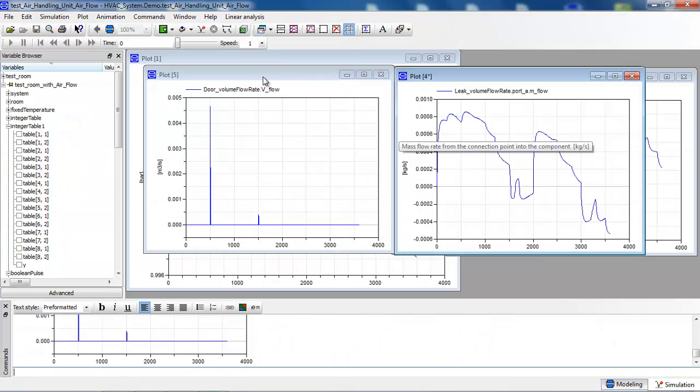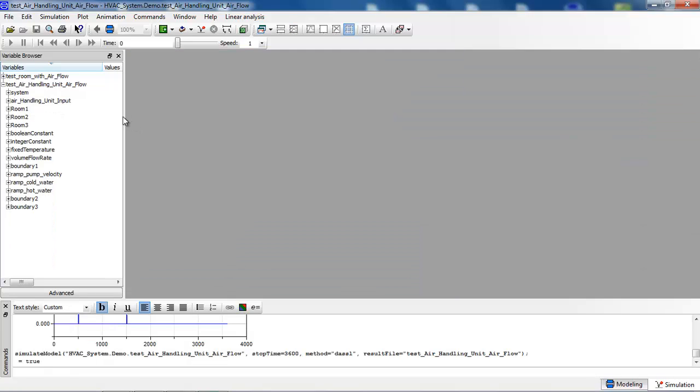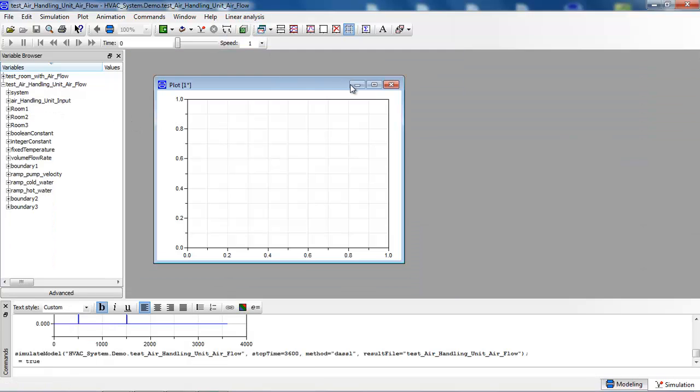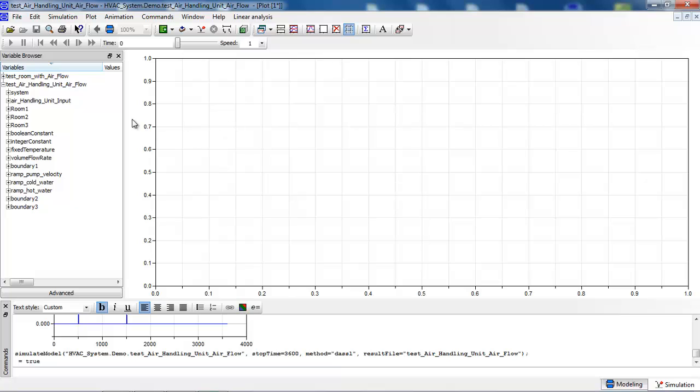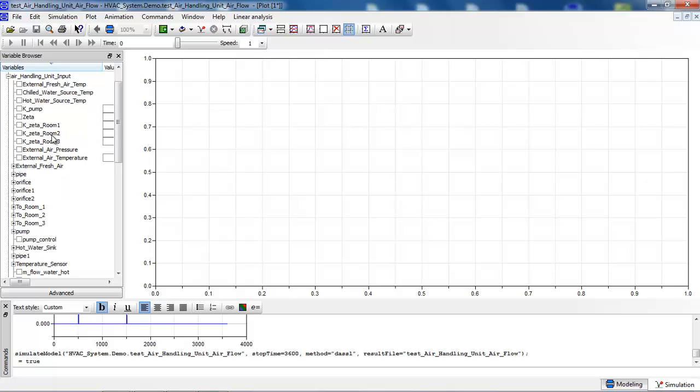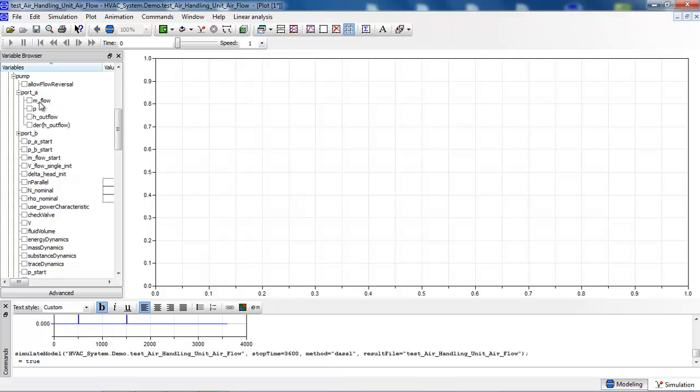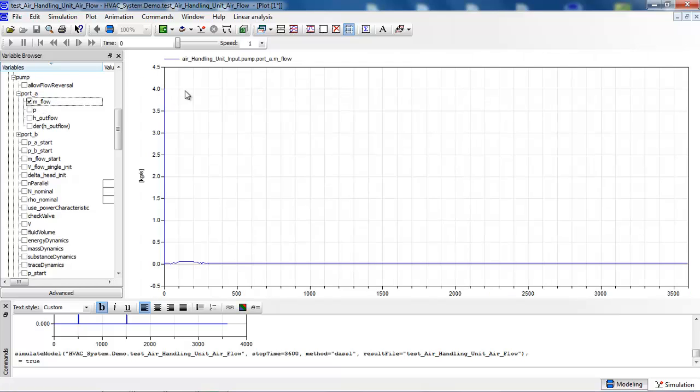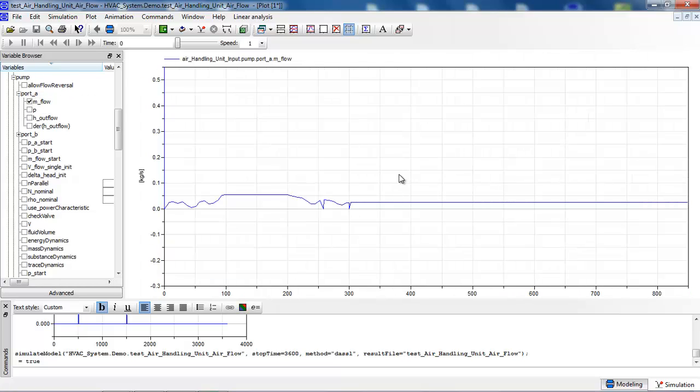So I will go through simulation now. The model has been computed, and we will first see what happened in the air handling unit in terms of flow. So this is the flow inside my air handling unit.